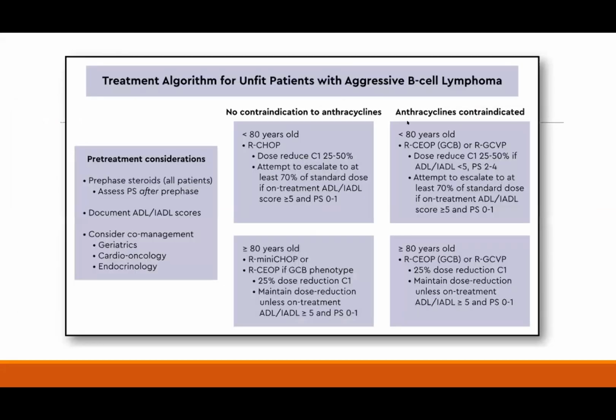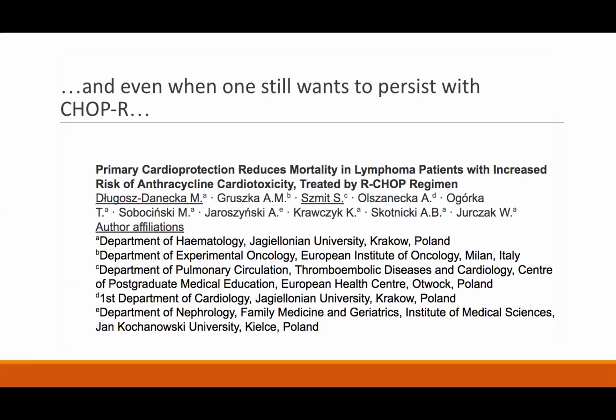To conclude, I would still look at replacing R-CHOP with probably an R-gemcitabine or an R-etoposide based regimen in this circumstance, and try to increase her overall quality of life and decrease the heart failure risk in this circumstance. So this is the final slide that I would like to conclude with. Thank you for your attention.